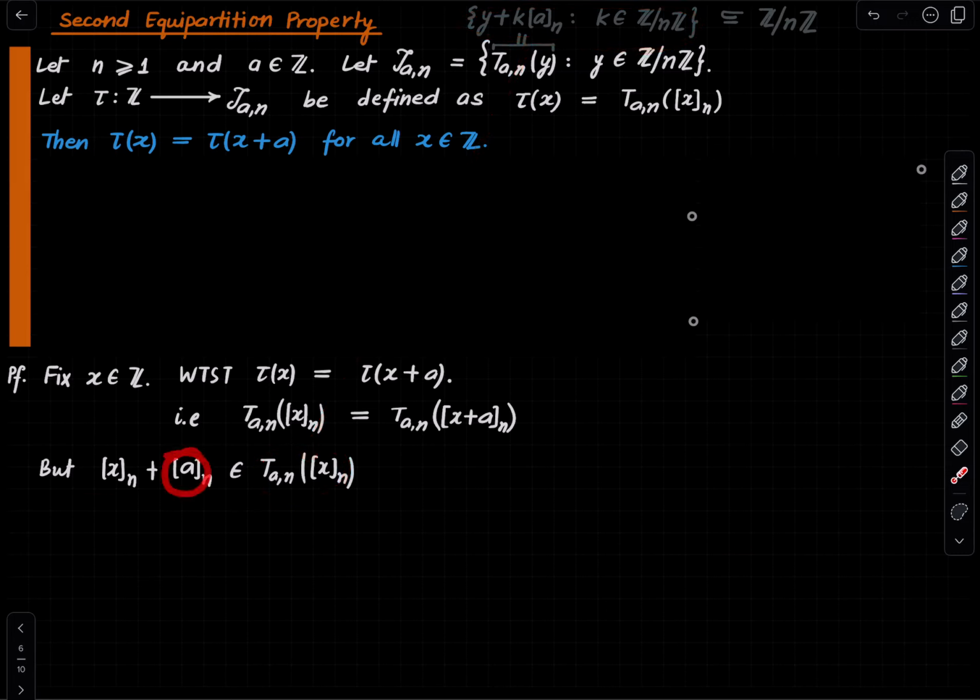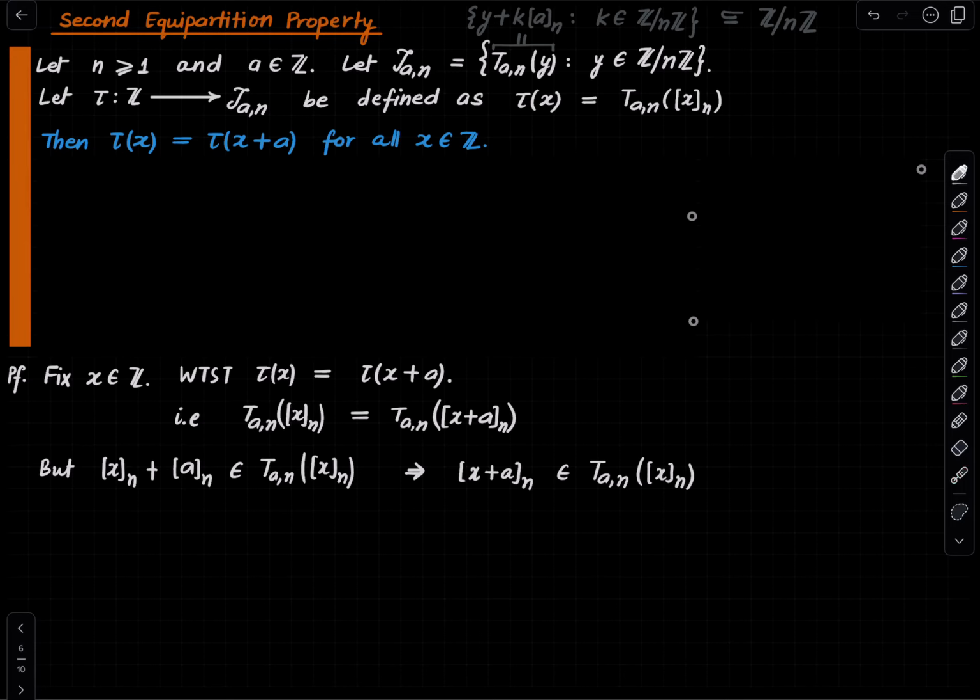You are advancing by a. You start at x, you advance by a once. That element should be in the trajectory of x. So this is there, but what is this? The way we add things in Z mod nZ implies by definition that this is in the trajectory of x modulo n, and therefore these two things intersect, and therefore they are equal.